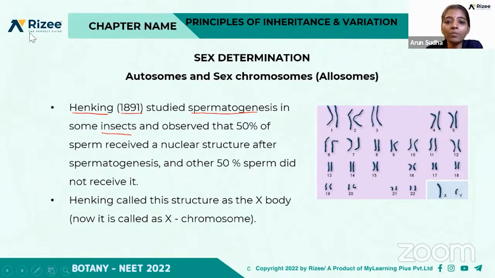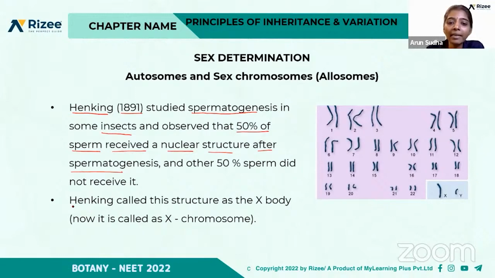He observed that 50% of the sperm received a nuclear structure after spermatogenesis, that is, after the process of spermatogenesis was completed. The other 50% of the sperm did not receive it.